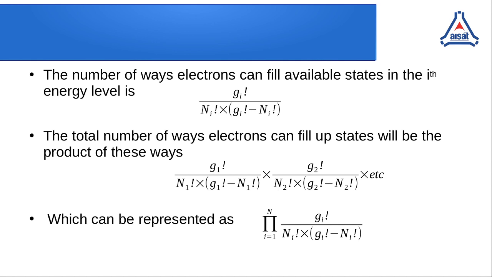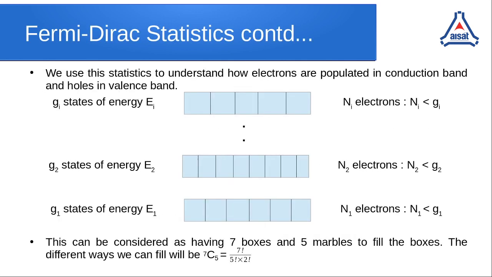As in the previous example of marbles, in place of Gi we are having 7 different boxes. In place of Ni you are having 5 marbles. So in order to find the possible combinations, we have 7 factorial by 5 factorial into 2 factorial, which is 7 factorial divided by 5 factorial into 7 factorial minus 5 factorial.